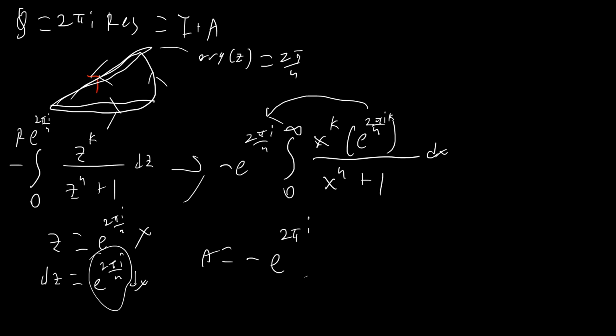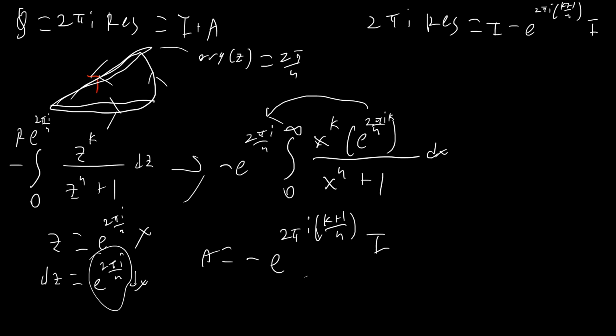So we're going to end up with 2 pi i (k plus 1) over n times the integral from 0 to infinity of x to the k over x to the n plus 1, which is just I. Alright, so this means that 2 pi i times the residues equals I minus this e to the 2 pi i (k plus 1) over n times I, or I equals 2 pi i times the residues over 1 minus e to the 2 pi i (k plus 1) over n.